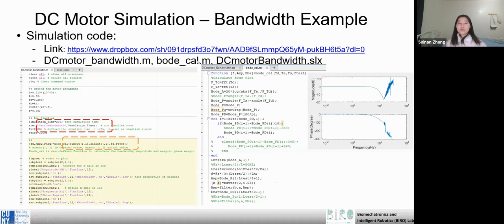The 3 files should be in the same folder. When you run the DC motor bandwidth, you will get the result. Maybe wait 30 seconds. You will only use this part of the result. The magnitude margin and the phase margin, you will not use. This figure is the system's Bode figure.